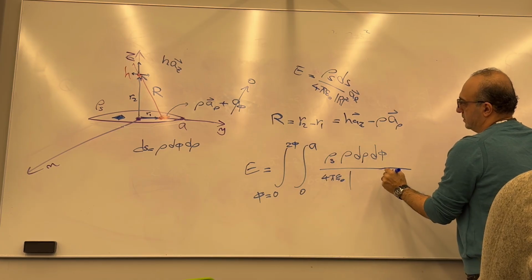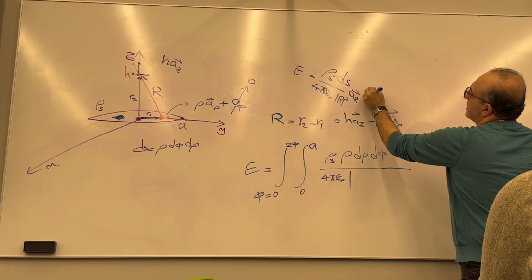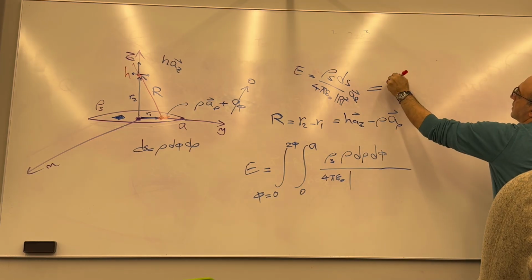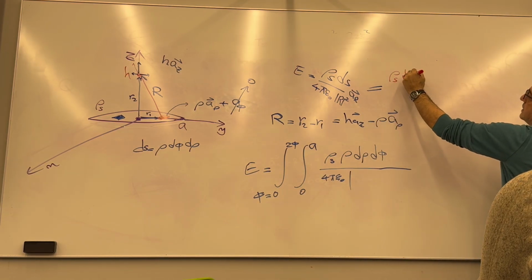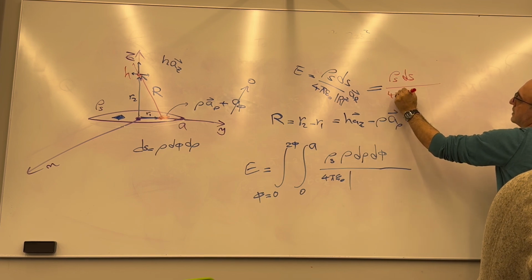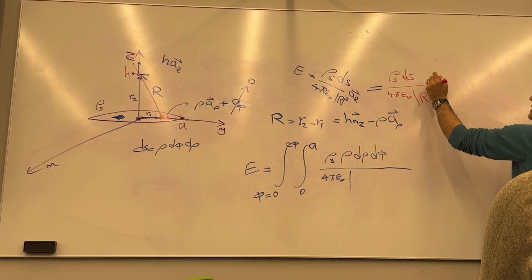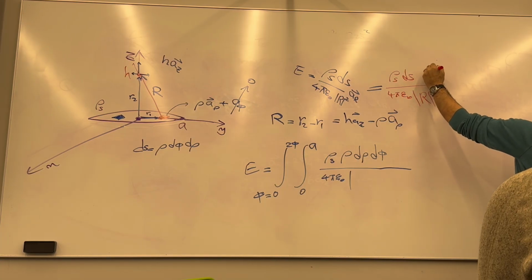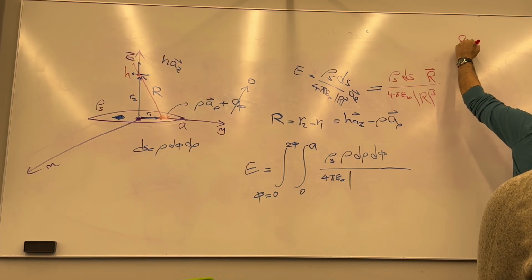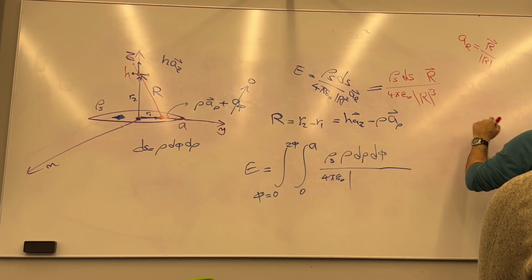So in this case, I can say that rho s dS over 4 pi epsilon 0 r cubed times a r. A r equals r over the magnitude of r. This is easier.